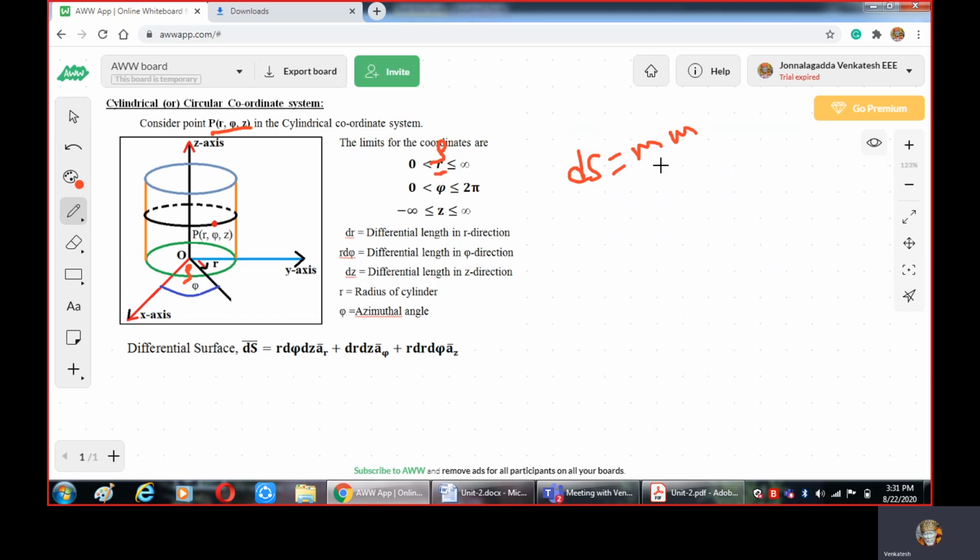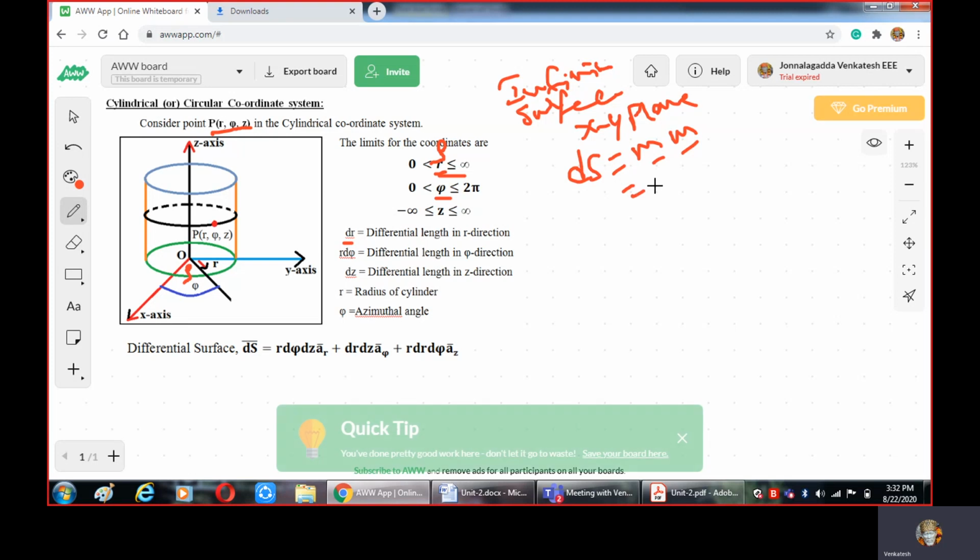In general we know dS is equal to meter into meter. The first meter means x-axis and y, because we are considering the infinite surface on the XY plane. I mean we have to consider rho and we have to consider phi: the r direction, I mean rho direction, and the phi direction. Here the rho direction length is dr, and the phi direction is r d phi.